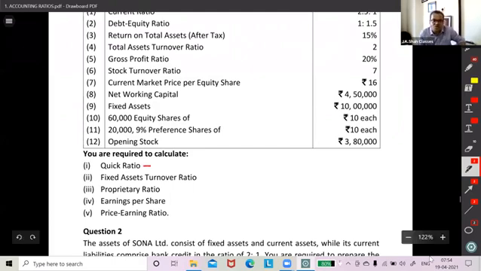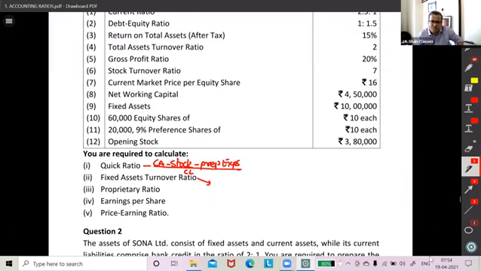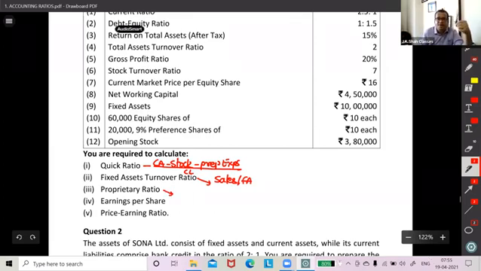For quick ratio, it would be current asset minus stock minus prepaid expense, if at all there are any in the question, upon current liabilities. Fixed asset turnover ratio, what is that? Sales upon fixed asset. Proprietary ratio, people, tell me proprietary ratio.